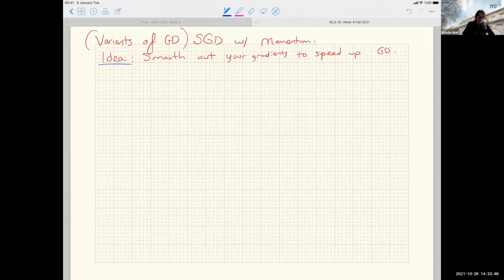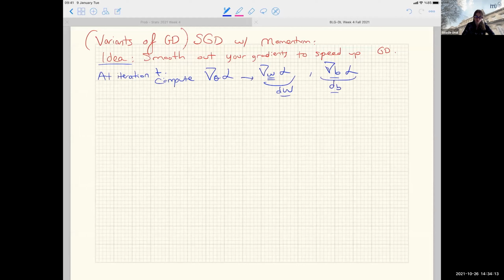Okay. So at iteration t, let's say, compute these. We will call these dW and dB; before we were calling them grad. These are vectors, of course. We compute these on the current mini batch, remember, that's the idea.